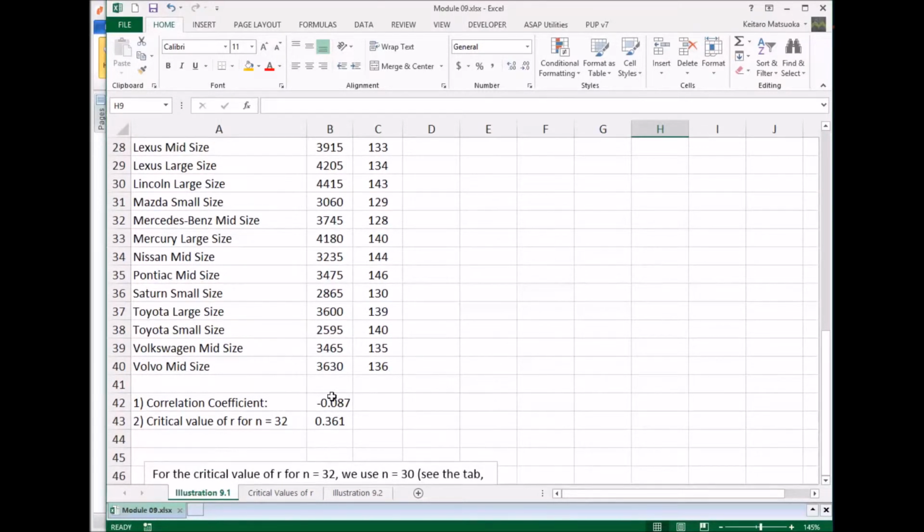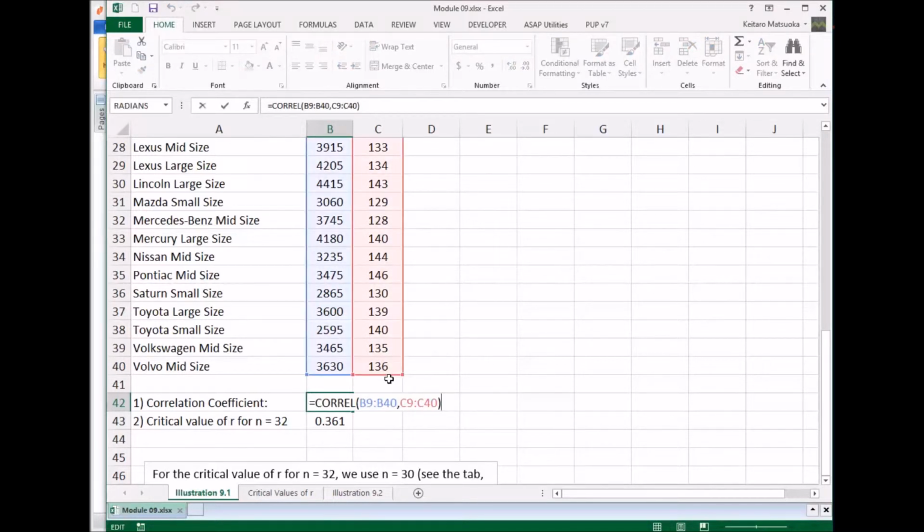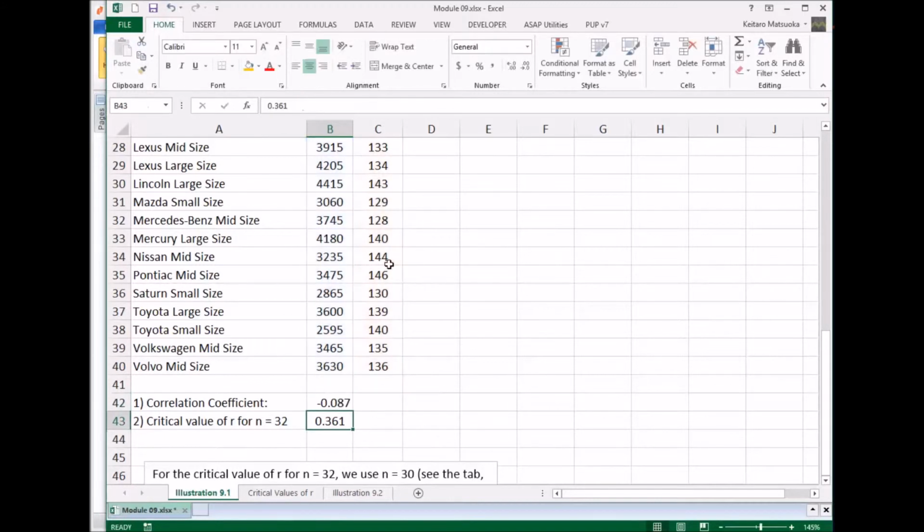The function is, again, CORREL. You type in CORREL, parentheses, and then select the weights, comma, and then select all the braking distances. It really doesn't matter which one you do first, but I just did it in order of alphabet. So B here, C here. Plug it in, press enter.